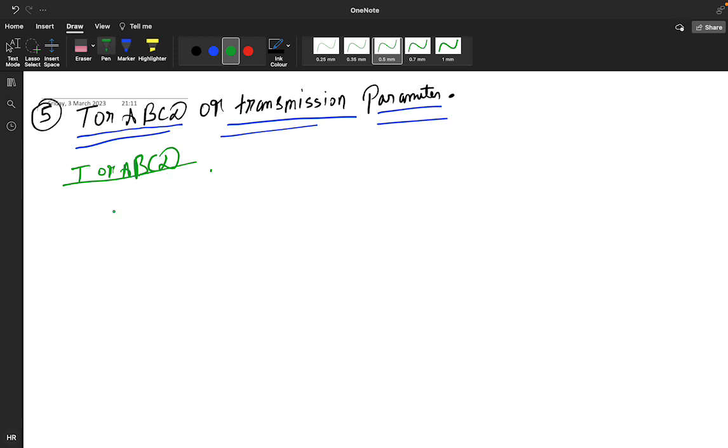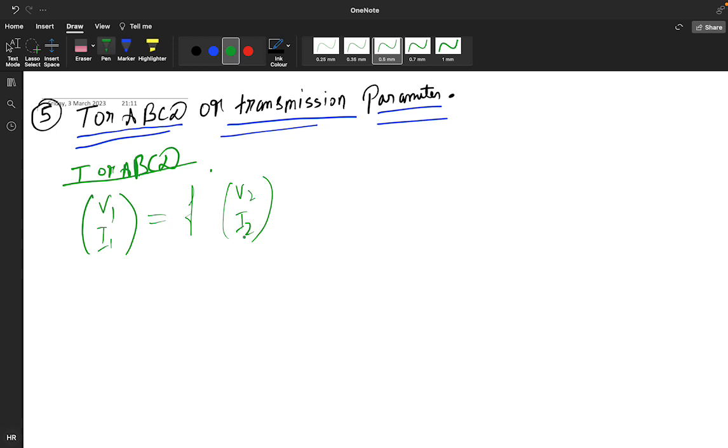We have some V1, I1 as a function of V2, I2.